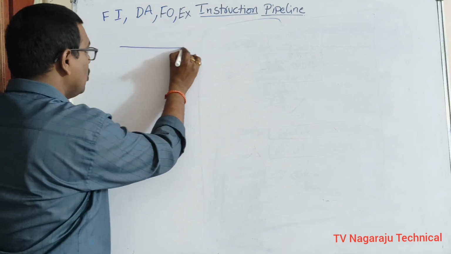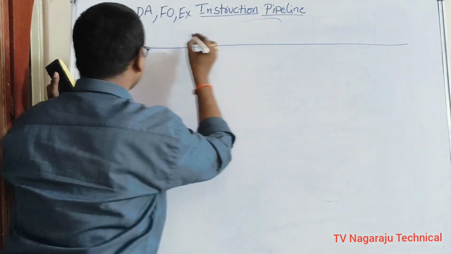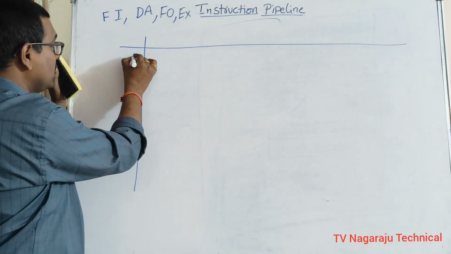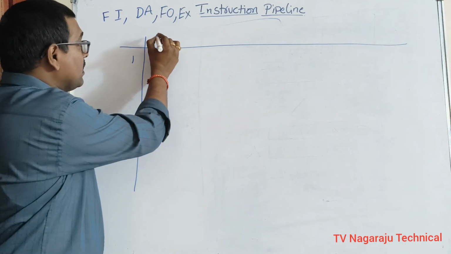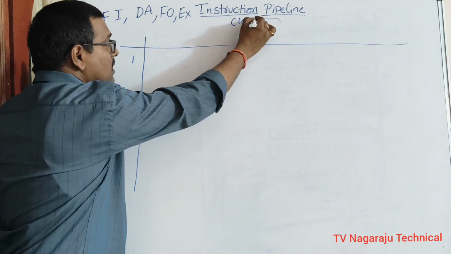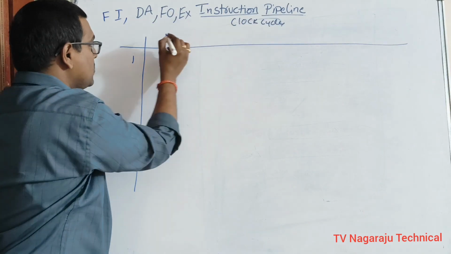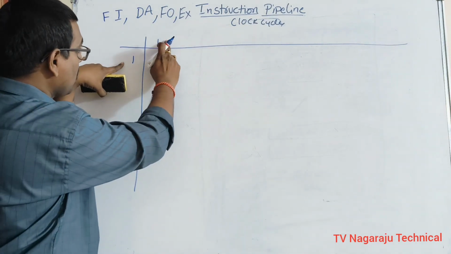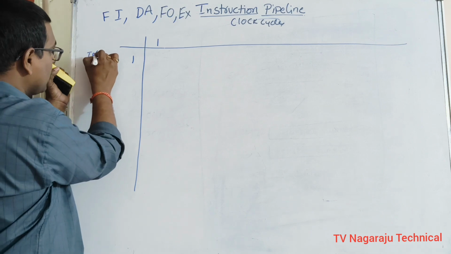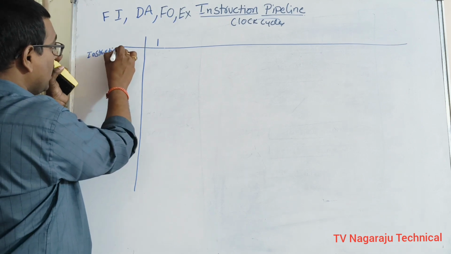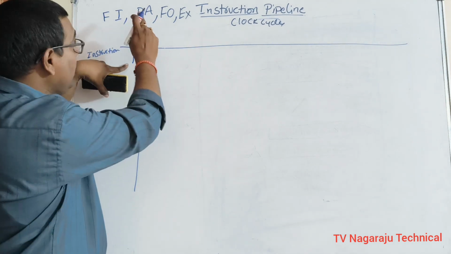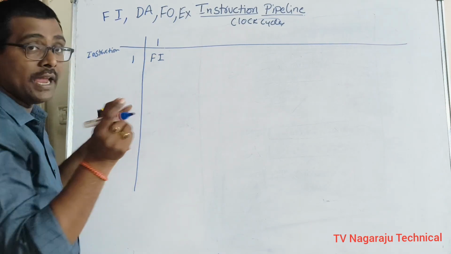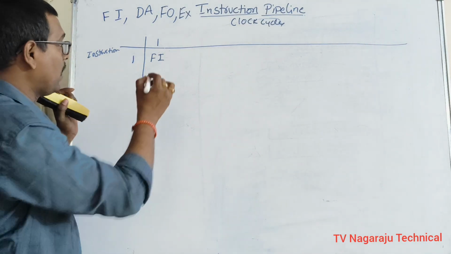Now we will move on with a timing diagram. Then you will get a clear idea. First, instruction 1. These are the clock cycles. At the first clock cycle, instruction 1 enters into segment number 1.